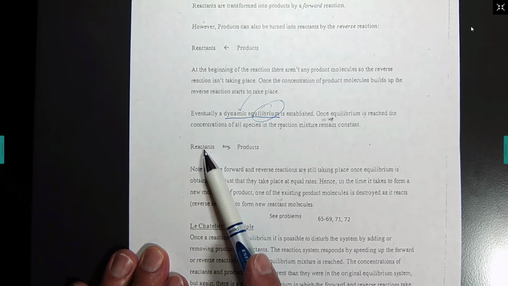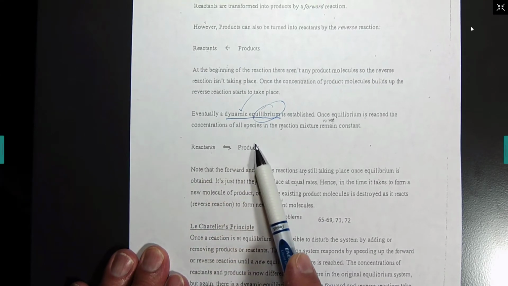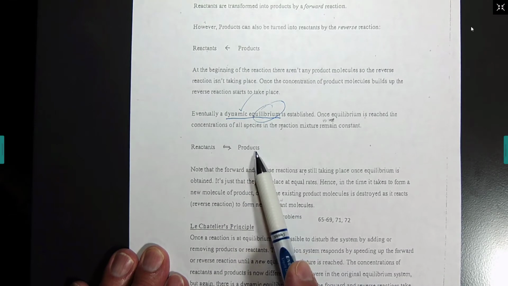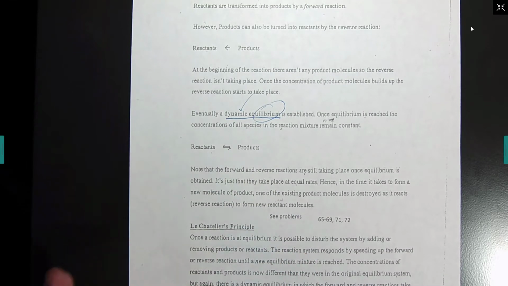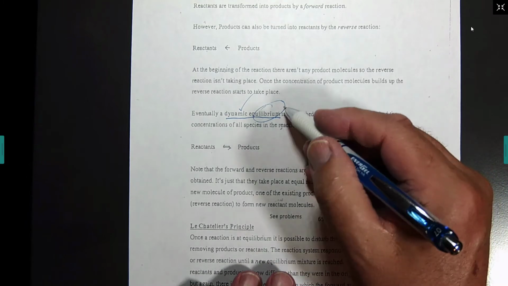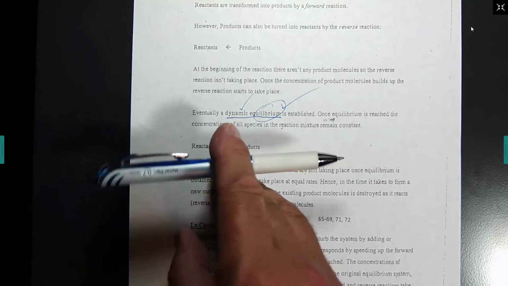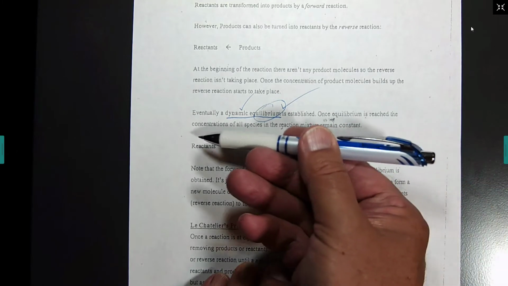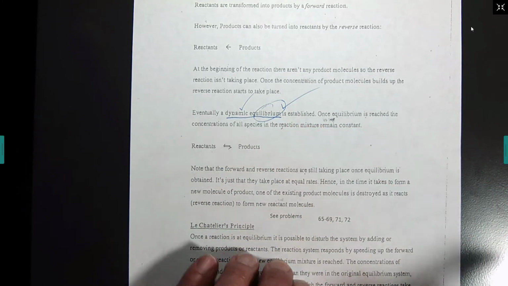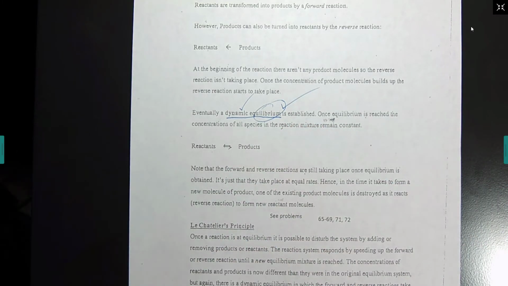So if a certain number of reactant molecules turn into products, but at the same time these turn into this, the overall concentration does not change and you are at equilibrium. Dynamic because, yeah, the forward reaction and the reverse reaction are still taking place, but they're taking place at the same rate. So externally, it doesn't look like anything's happening.